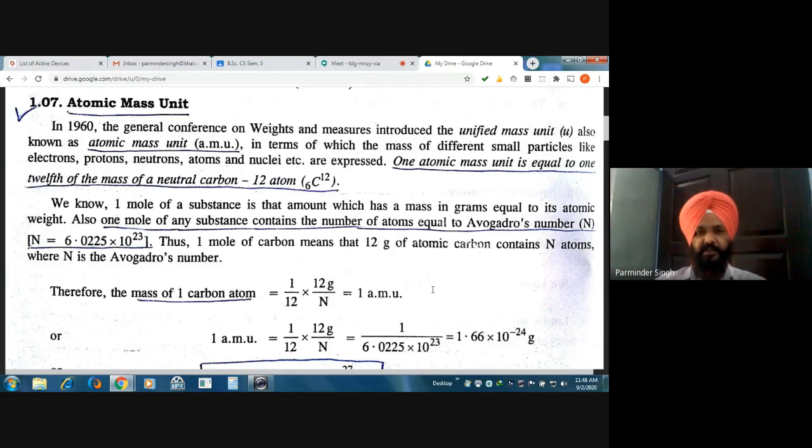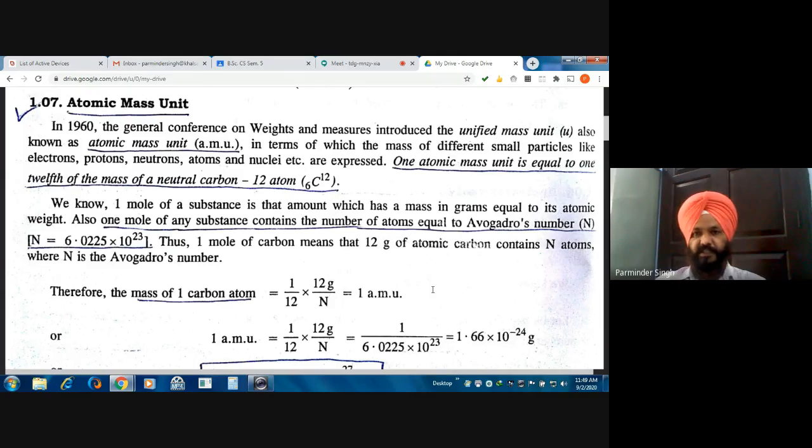How can we weigh or measure these small particles like electrons, protons, neutrons, atoms, nuclei? All these things can be measured in the form of atomic mass unit. One atomic mass unit is equal to 1/12 of the mass of a neutral carbon atom.